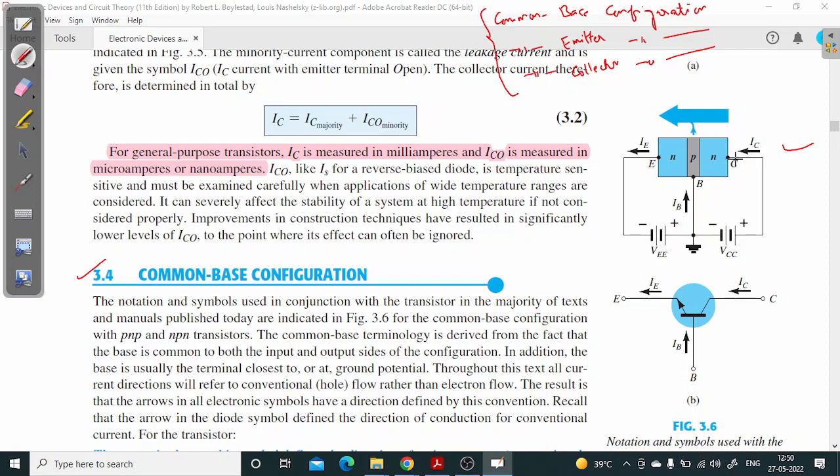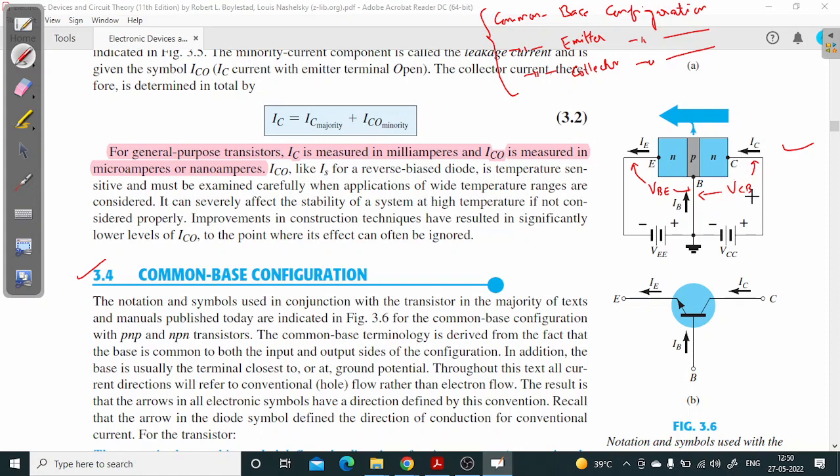So there are various types of currents and voltages in this circuit. We have IE, IB, IC, VEE, VCC. And if we look at the voltage between emitter and base, we will have VBE, then we will have VCB, that is the voltage between base and collector.